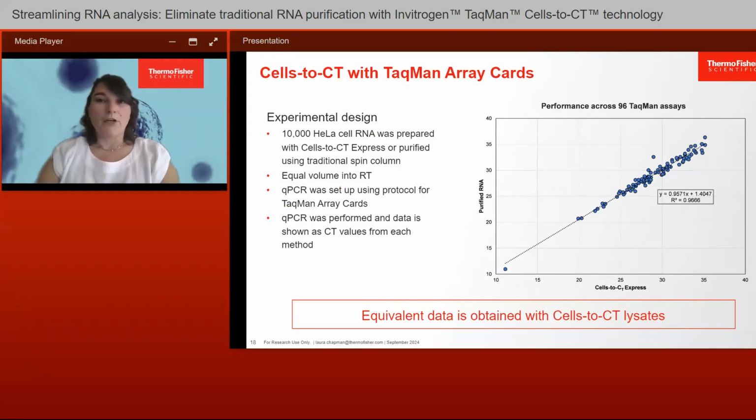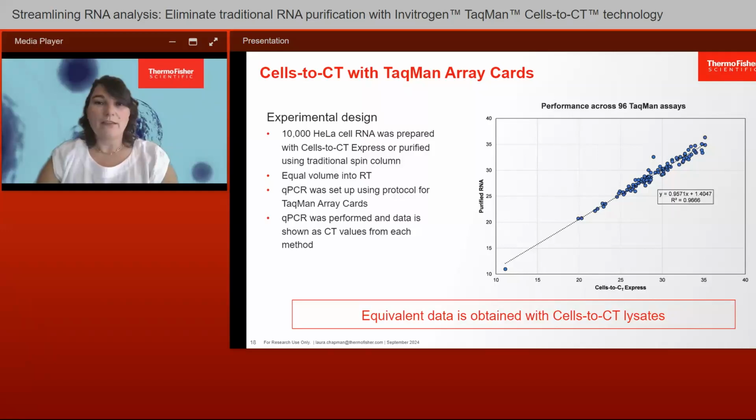We also wanted to confirm that the cells-to-Ct technology would work with a wide variety of TaqMan assays, and that you would get similar performance across a wide variety of expression levels, as well as GC content and difficulty to amplify assays. So we tested by processing 10,000 HeLa cells with purification of RNA using a spin column, or we lysed the cells using the cells-to-Ct Express kit.